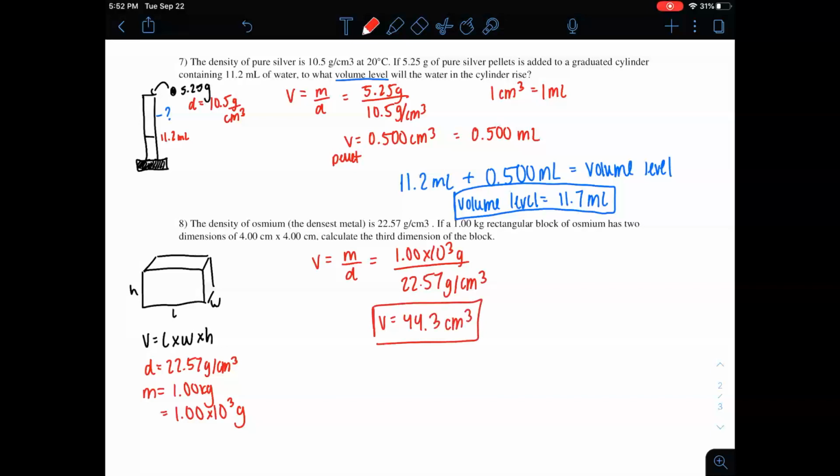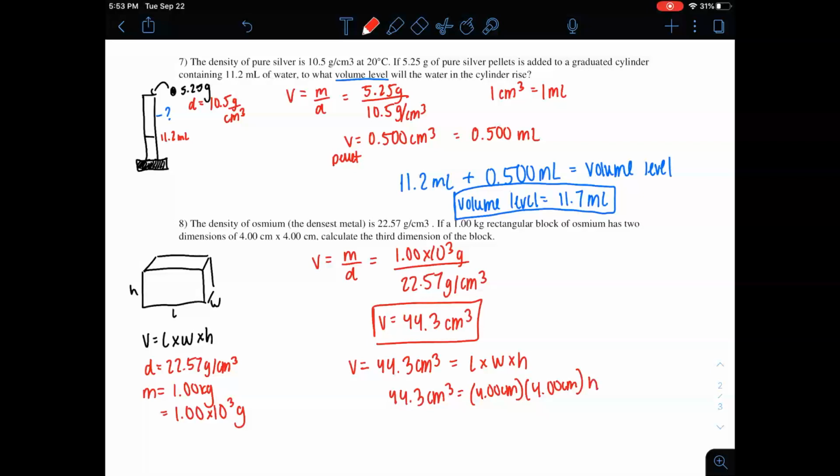Now that I have that, I know that volume is equal to 44.3 centimeters cubed, and that is equal to my length times my width times my height. So 44.3 centimeters cubed is equal to, I've got 2 of those dimensions already, and I'm trying to solve for the last one here.